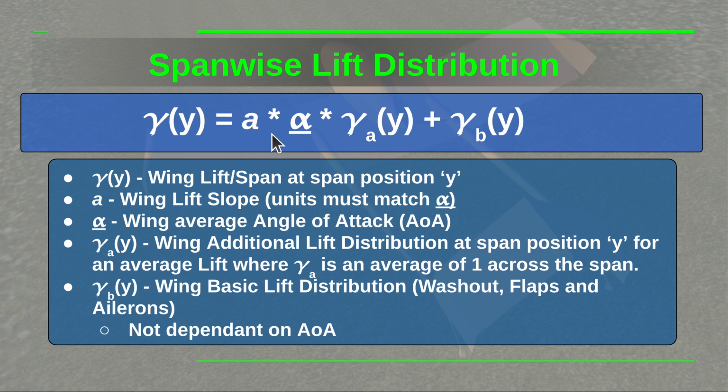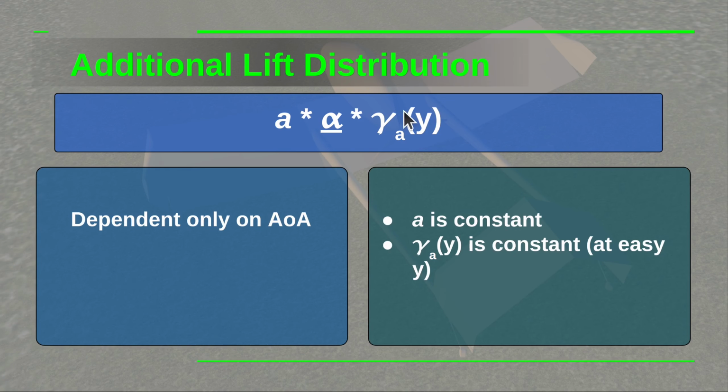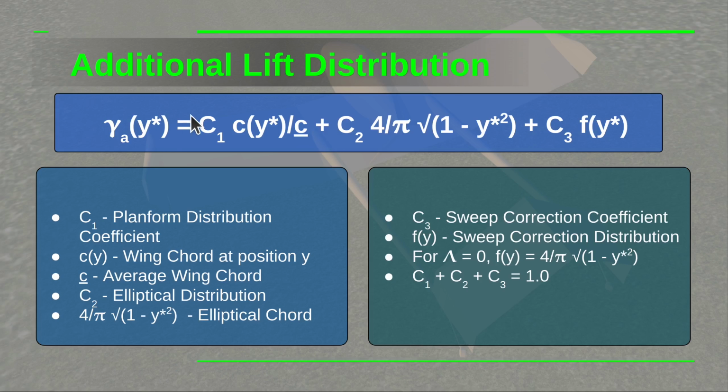So what we're going to be calculating initially is this gamma sub A, the additional lift, and then when we want to figure out the lift of the wing, we multiply by angle of attack and lift slope. So right now in this spreadsheet, we're really only interested in this part of the equation we just looked at. Now that gamma sub A is composed of three parts, if you remember correctly.